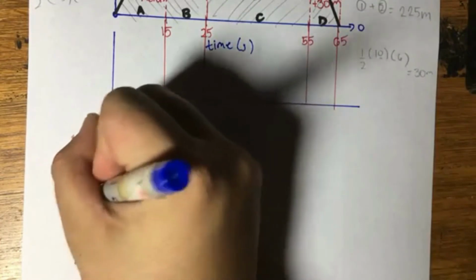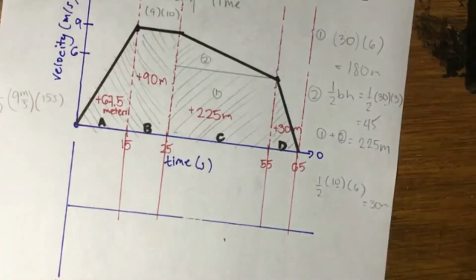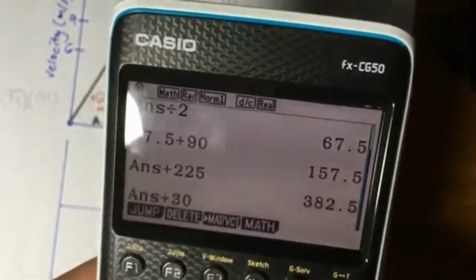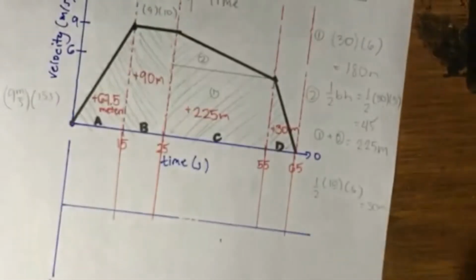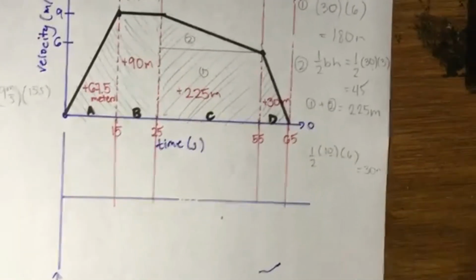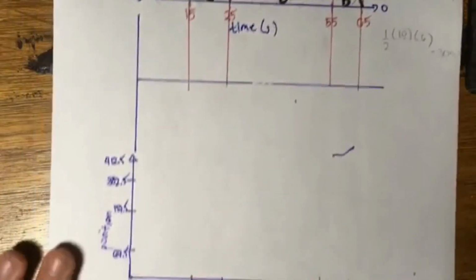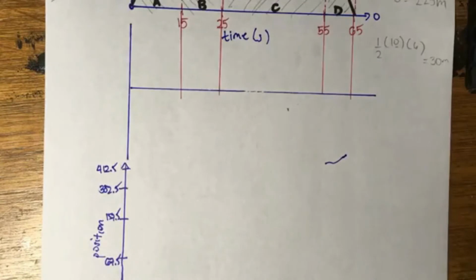Let me go and just label that. It doesn't have to be proportional if it's not on the graphing paper. And finally, we simply add 30 to the very end. 30 gives me 412.5. So I'll put 412.5 over here. Those are the positions that our car experiences as it changes the way it moves.